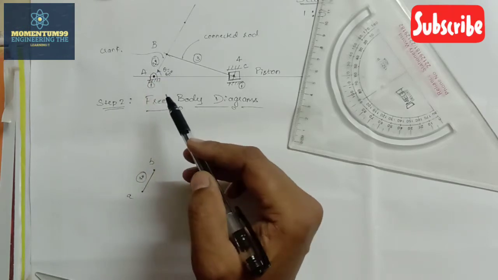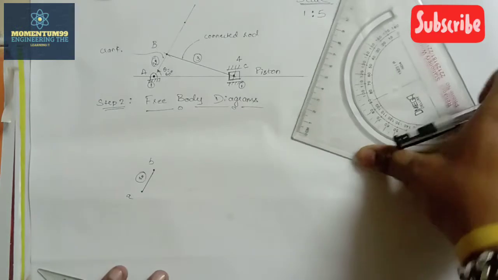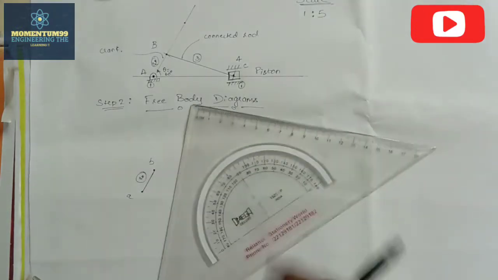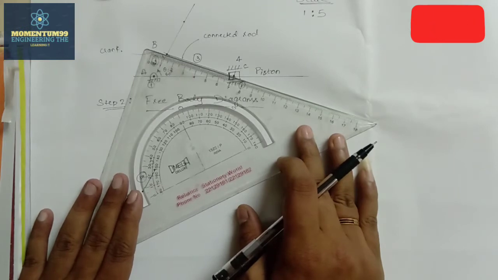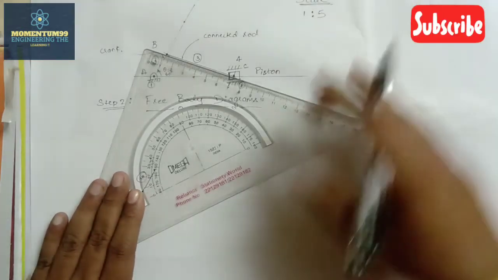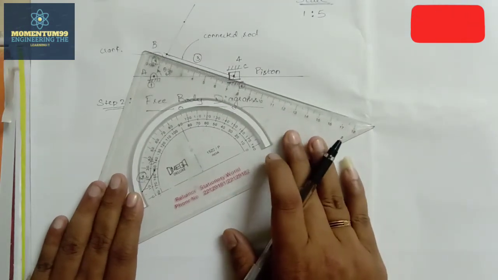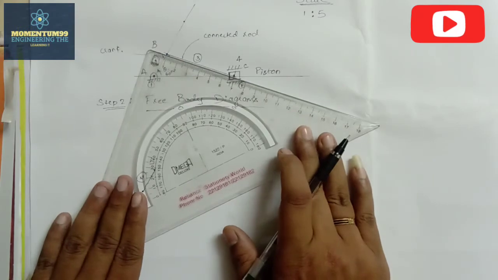In order to represent these forces, again I will be making use of the set squares here. First I will be aligning my set square to this third link line segment here on the space diagram. Now I need to draw a line that should come parallel like this. So where should I butt the set square here?